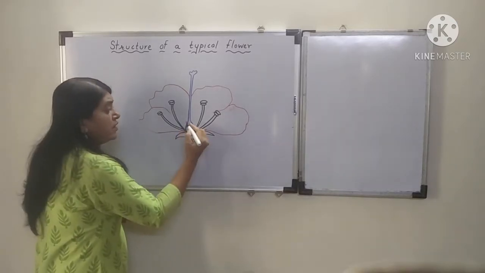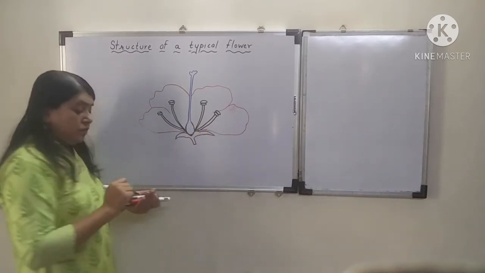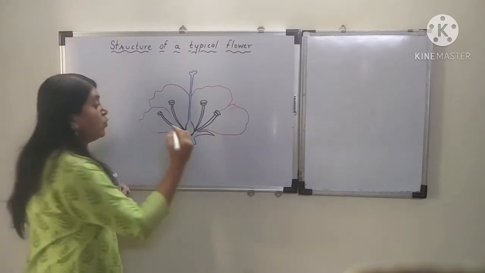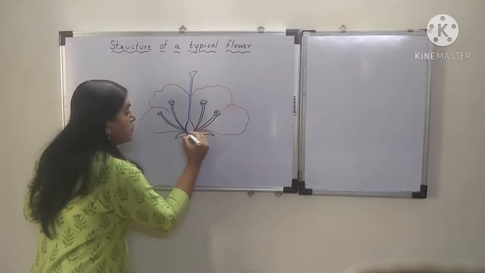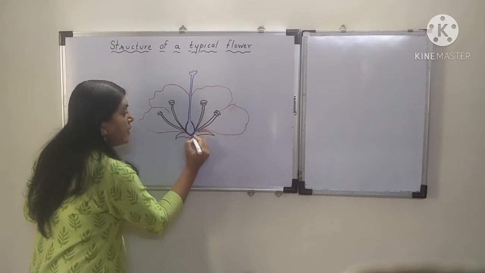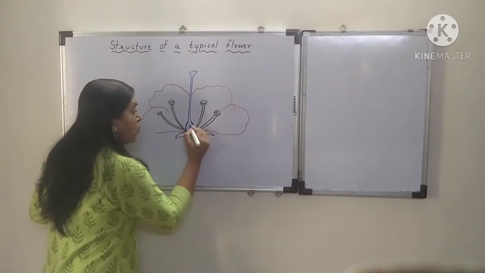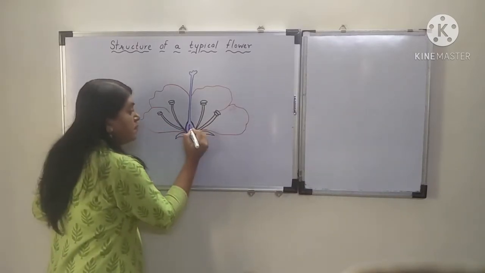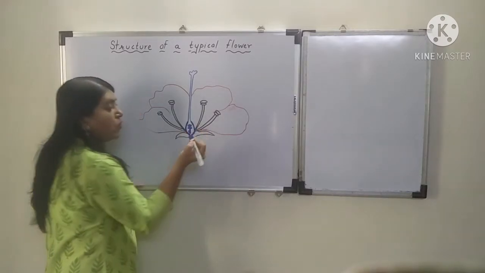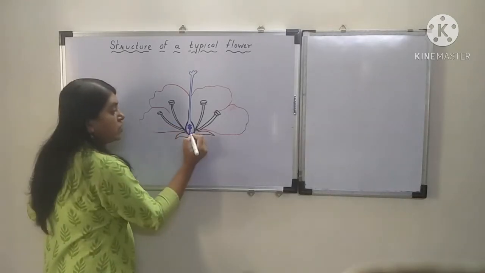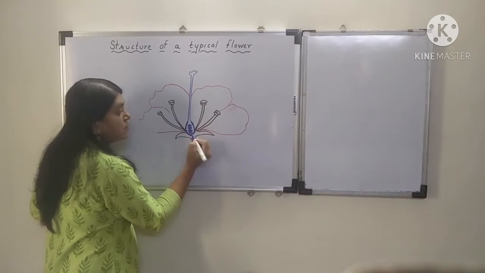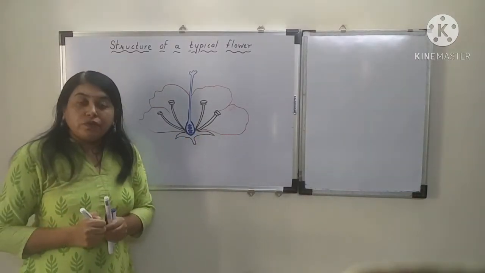Now, in this basal part, the one which I have drawn in blue color, inside it, you will show the ovules. So this part, I am highlighting this part. Inside, you will draw a straight line like this. And you will simply show ovules, which you can draw in the form of an eight-like structure. Drawing this 8 like that, you can show this way. So these are the ovules of the flower.